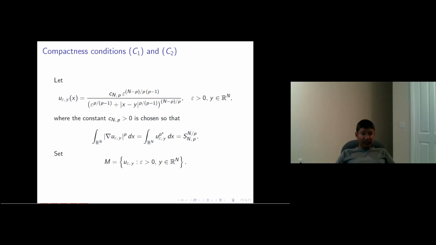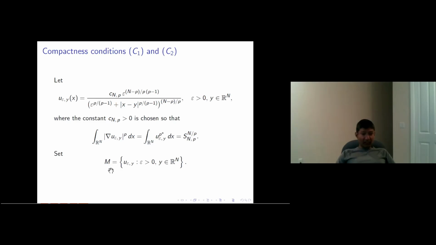So let me describe the set MC for this problem. So denote by U epsilon y the family of Talenti functions where the best Sobolev constant is attained, and they are normalized in this fashion.